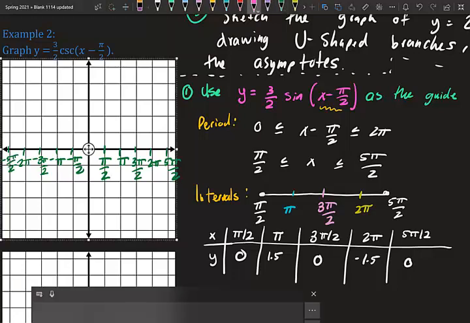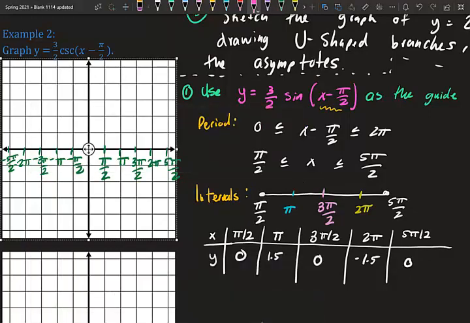Alright, so our guideline in pink, our sine function: we have 0, pi over 2. We have pi, 1.5. We have 3 pi over 2, 0. Then we have 2 pi, negative 1.5. Then we have 5 pi over 2, 0.